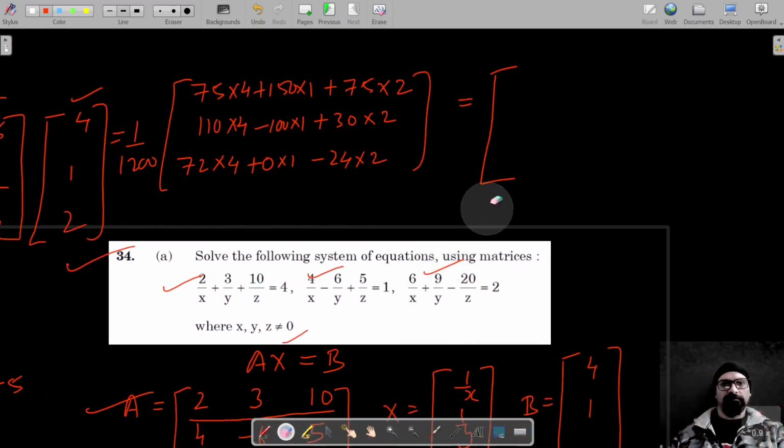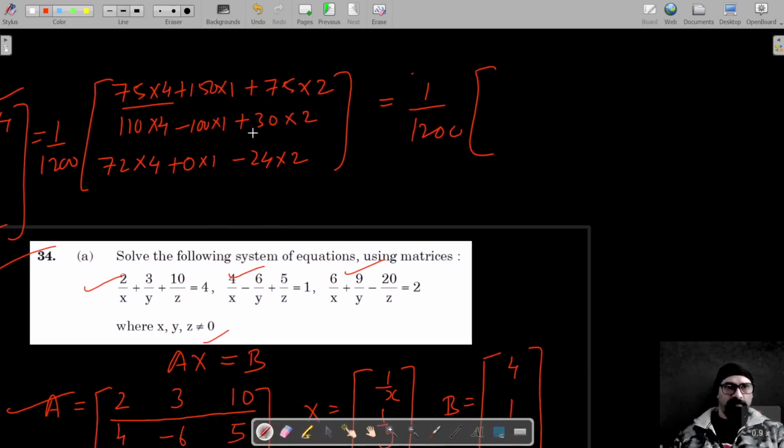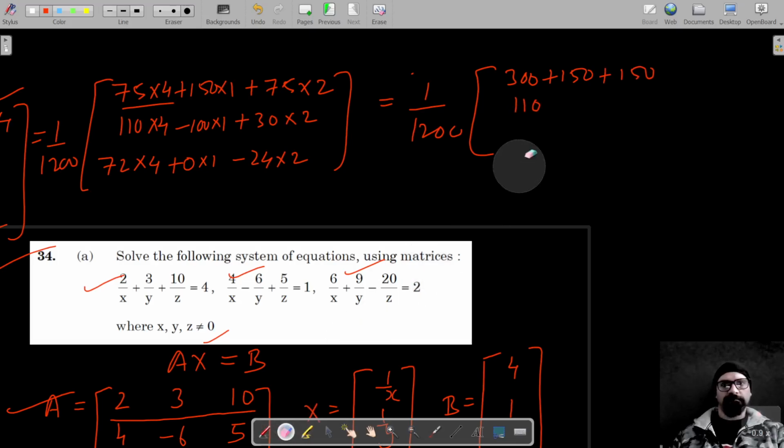So this is now 1 by 1200. 75 into 4 is 300, plus 150 plus 150. This is 110 into 4, 440.